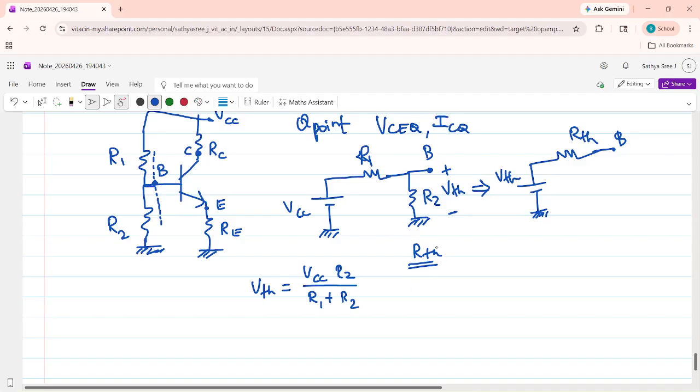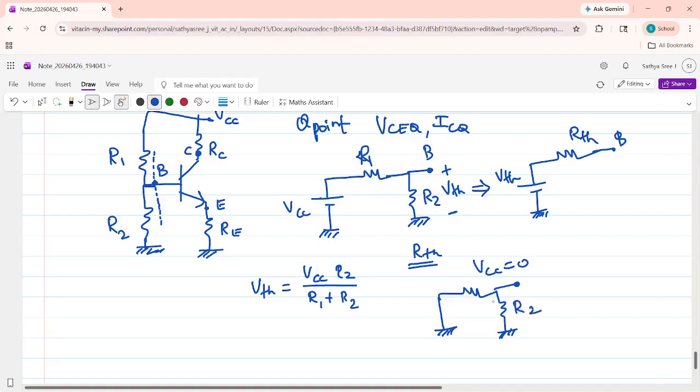While calculating the RTH, we have to nullify all the DC voltage sources. So if you make VCC 0, the circuit looks like this. This is ground because I have made VCC 0, and there is R1 and R2. So here you have to calculate RTH.